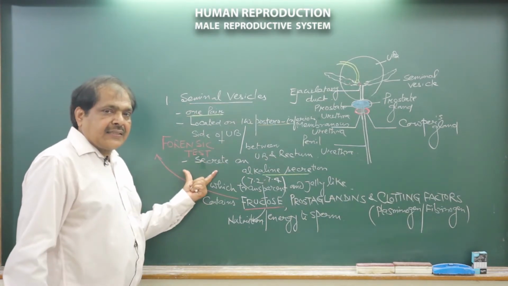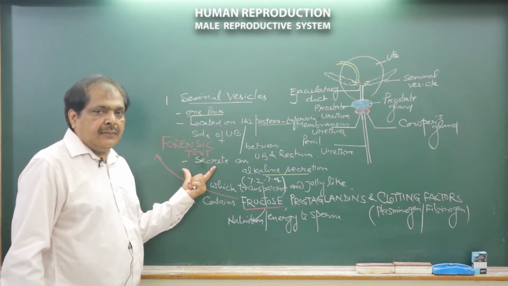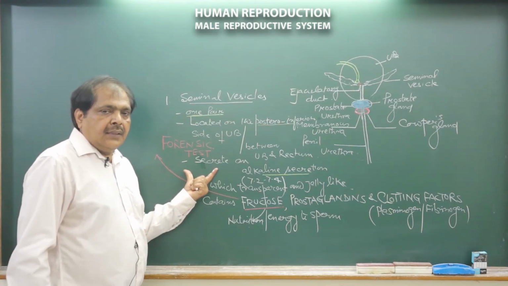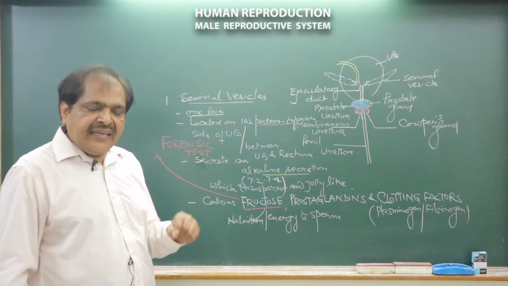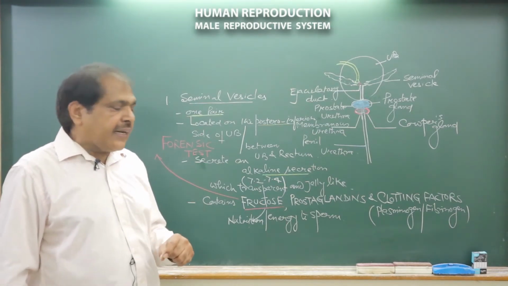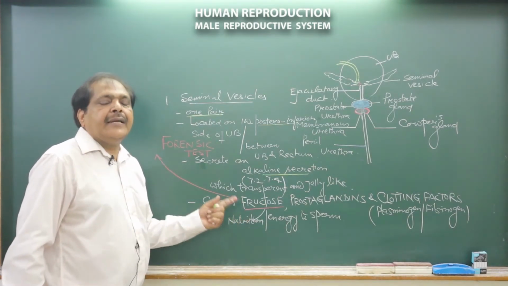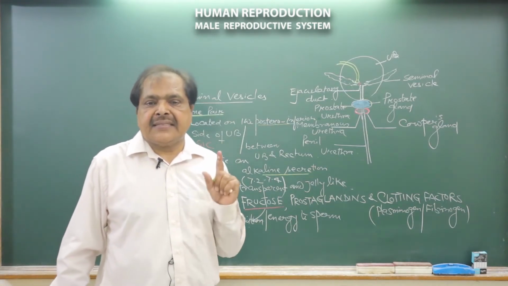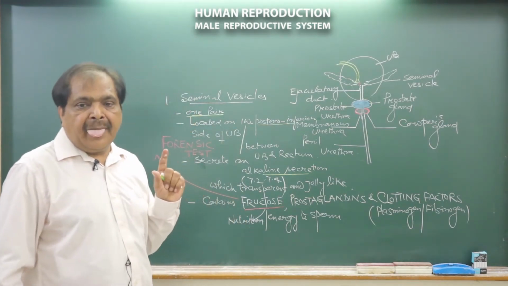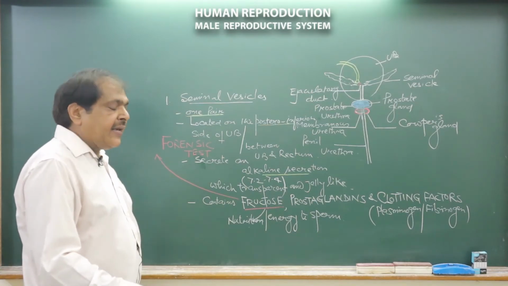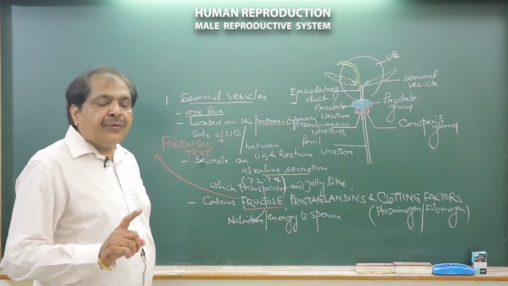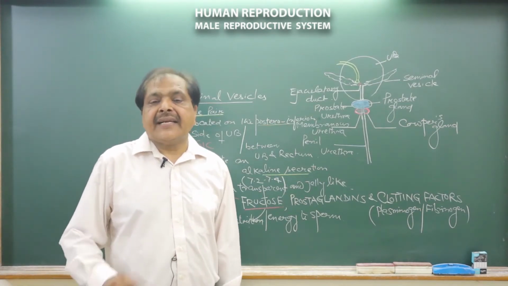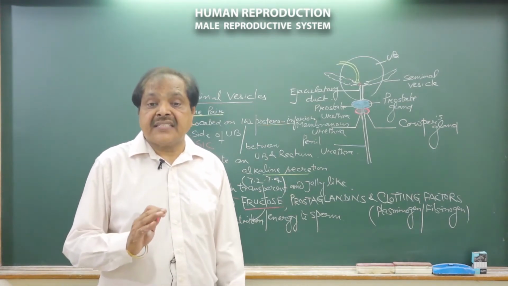That legal test, that is forensic test, is done. If the secretions in the vagina of the female contain fructose, it confirms the rape. In other words, the presence of fructose is the confirmatory test that rape has taken place.